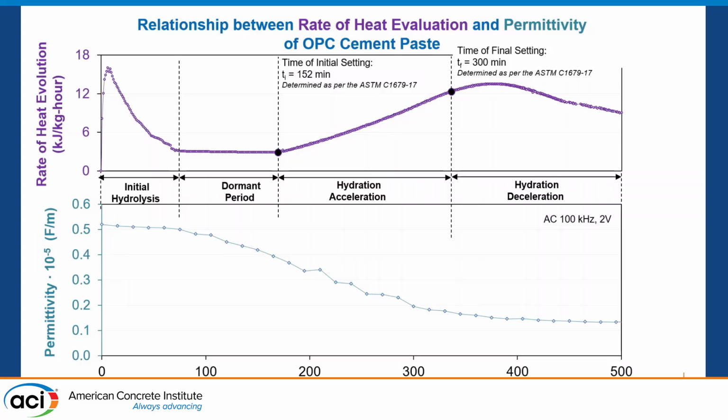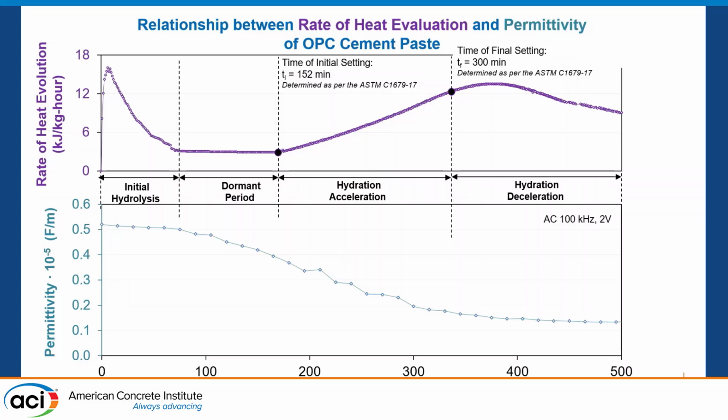This is something that we expect because once the material gets hardened, the energy storage capacity decreases because there is less pore connectivity, and the size of pores becomes smaller.